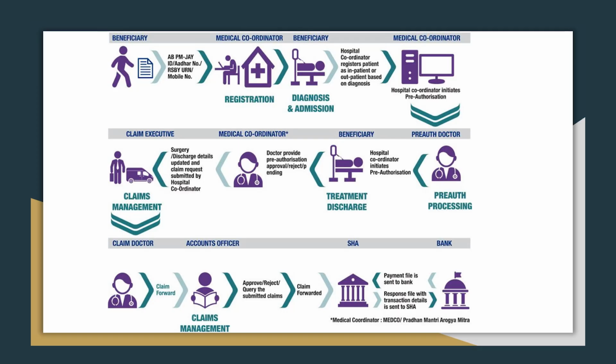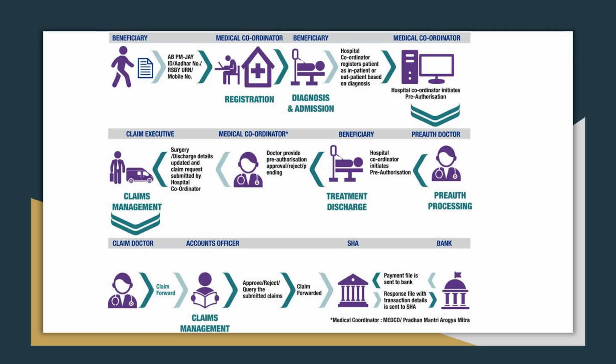There are medical professionals working at the claim settlement team of the society, and those claim doctors will be verifying every detail of this case, wherein they will be approving it to send it further to the accounts section.